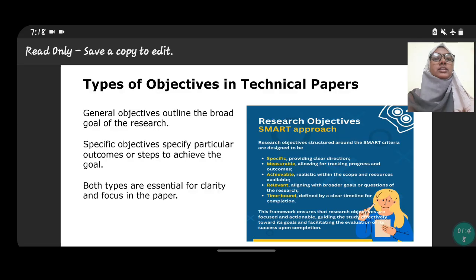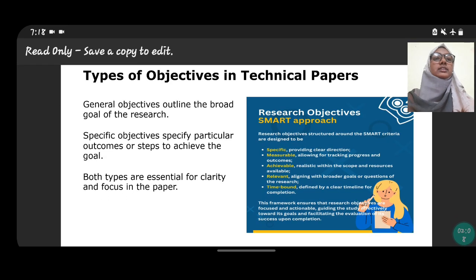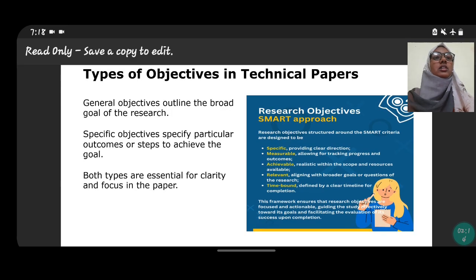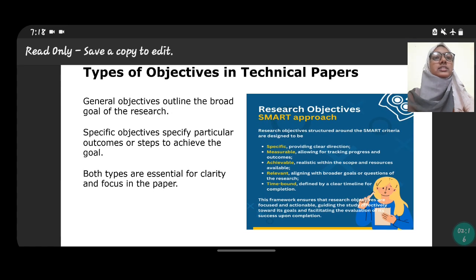Types of objectives in a technical paper. There are some different types of objectives. There are general objectives, specific objectives, like that. While coming to general objectives, they outline the broad goal of the research, like our goal is to research that.